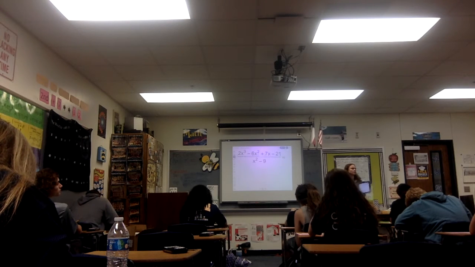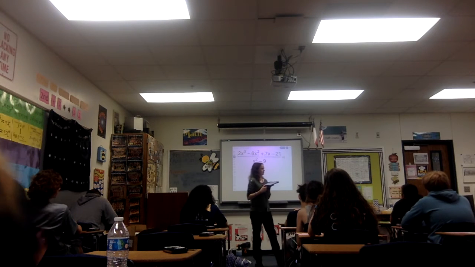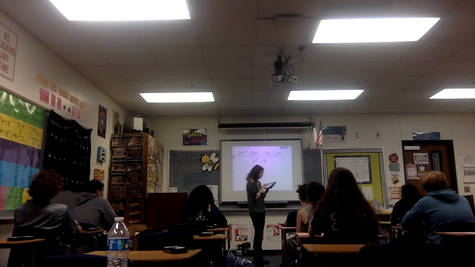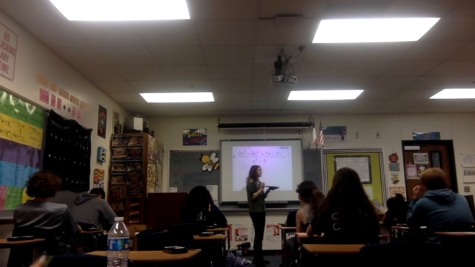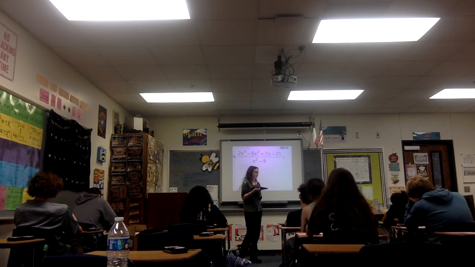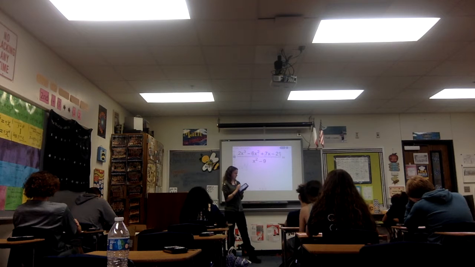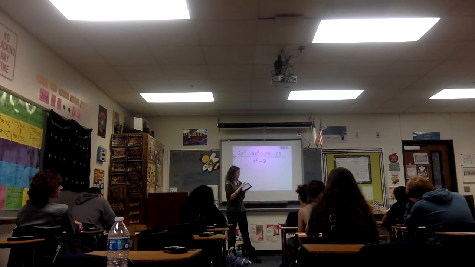Annabelle, what is our GCF of 2x cubed minus 6x squared? 2x squared, right? So we'll factor out a 2x squared. When we factor that out, Thomas, what are we left with inside the parentheses? Close.